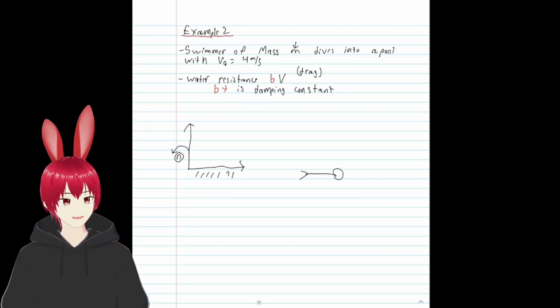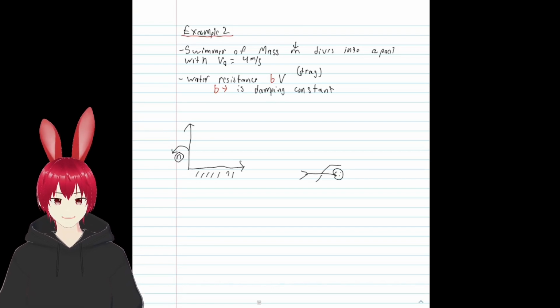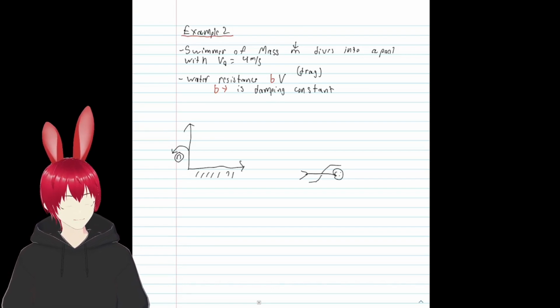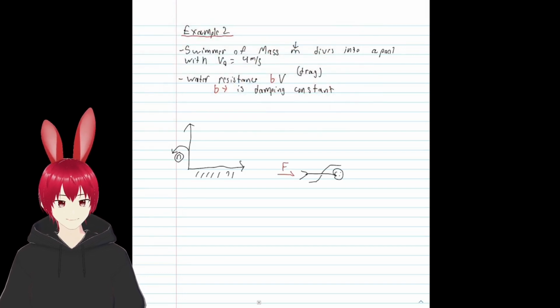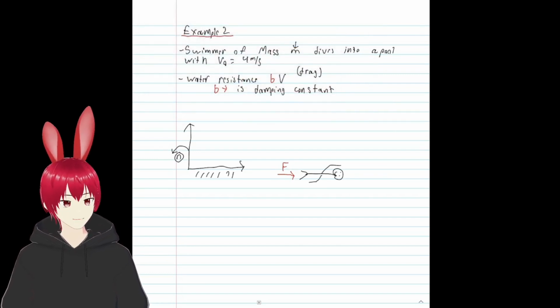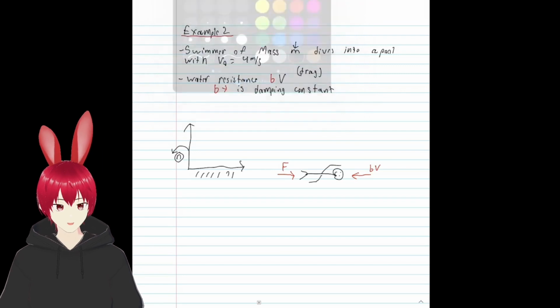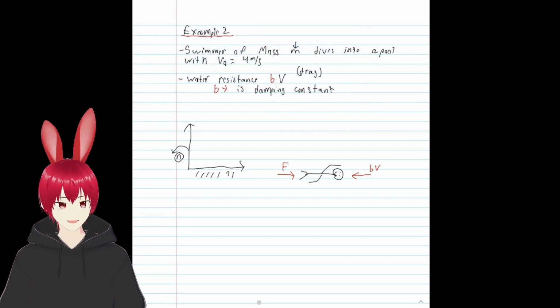We can start by drawing a free body diagram with a little diving platform and the beginning of the diver. We can model the diver as a single person, with a force F acting on him, and the drag force of b times v acting against the force he is putting into the water, which is his swimming power.